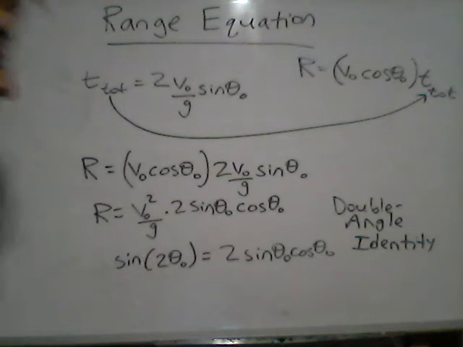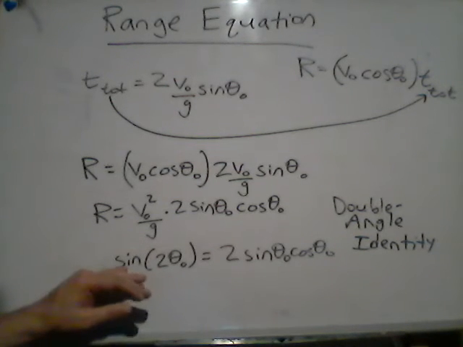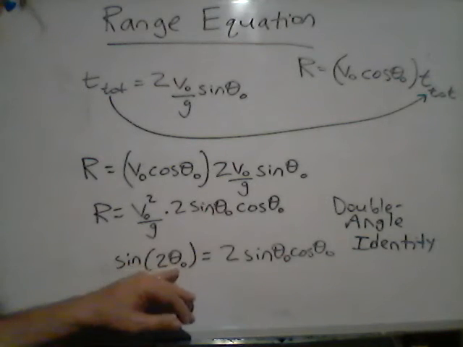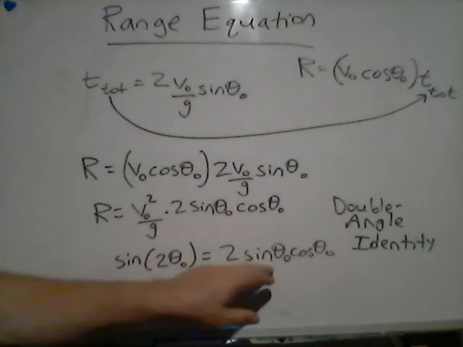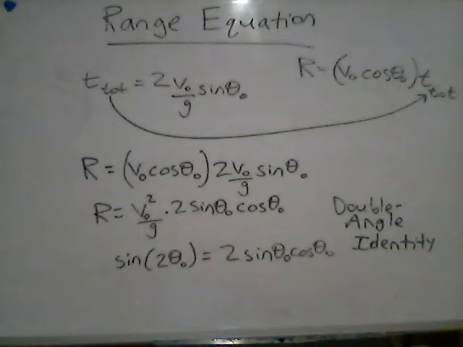So if you look this up among your trigonometric identities, you find out that sine of 2 theta is 2 times the sine of theta times the cosine of theta. So that's a double angle identity.